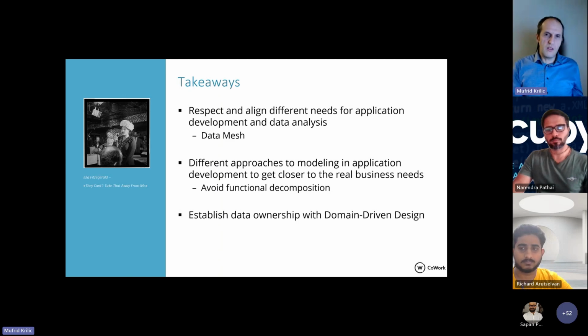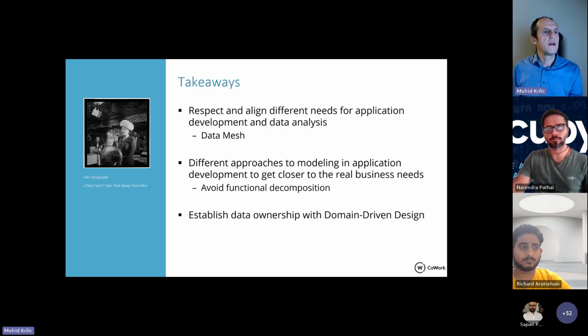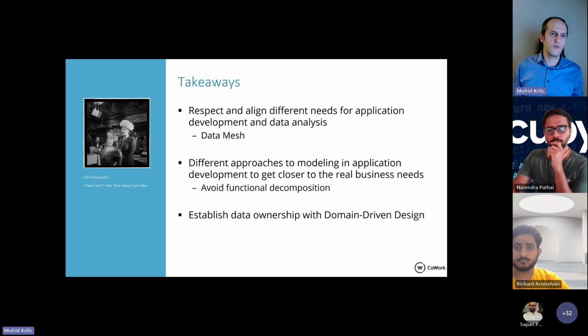And once you do analysis and modeling with data ownership, you will get away from functional decomposition, and see if you can try to avoid it. But for data ownership to work, the domain-driven design approach, using language as the main tool, is very much capable of giving you business-aligned data ownership. We saw this.